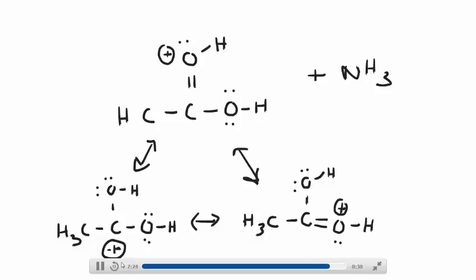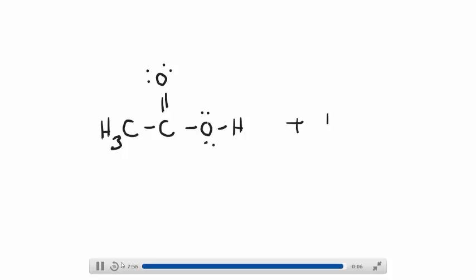So we have resonance stabilization of that positive charge again. At this point, the ammonia is going to remove the proton from the oxygen, and it doesn't matter which of these two oxygens gives up its proton. I'm just going to show it from this one, and then you give electrons back to the oxygen, creating at the end your carboxylic acid. And ammonium.